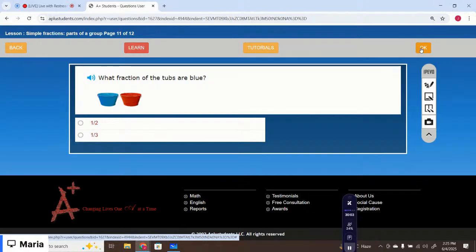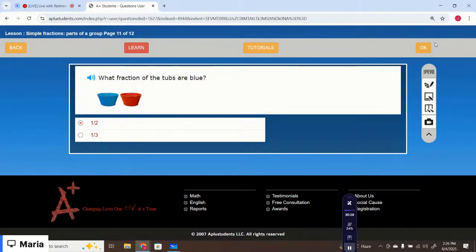What fraction of the taps are blue? That is one out of two are blue.